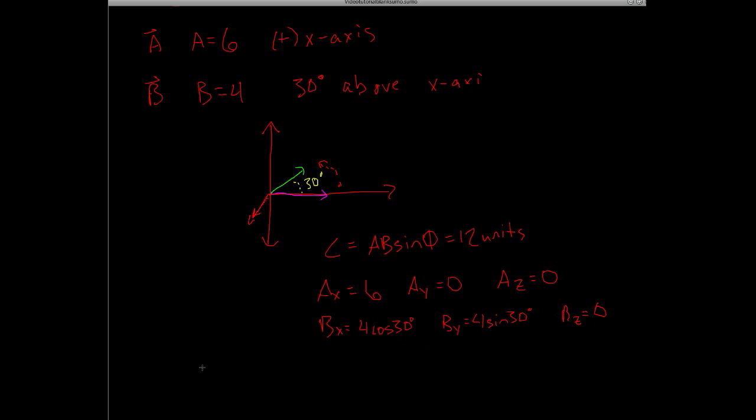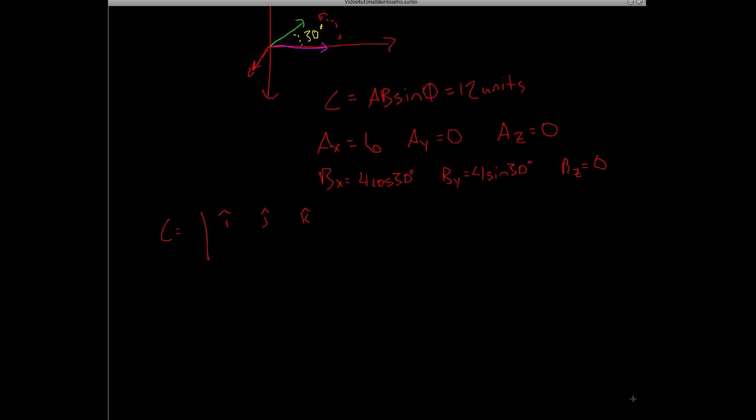So, if we use a matrix to figure out our components of C, we've got our i hat, j hat, k hat. Let me shimmy this down a little bit. Ax goes here. We've got 6, 0, 0. Bx goes here, so 4 cosine of 30 gives us 2 square root 3. 4 sine of 30 gives us 2. And our Bz component was 0.